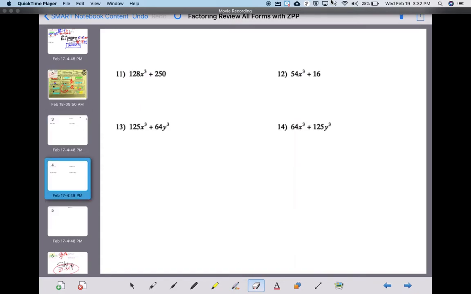number 14. So number 14, there is no GCF. Can you square root or cube root both terms? You can cube root both. The cube root of 64x to the 3rd means what times itself 3 times is 64x to the 3rd?